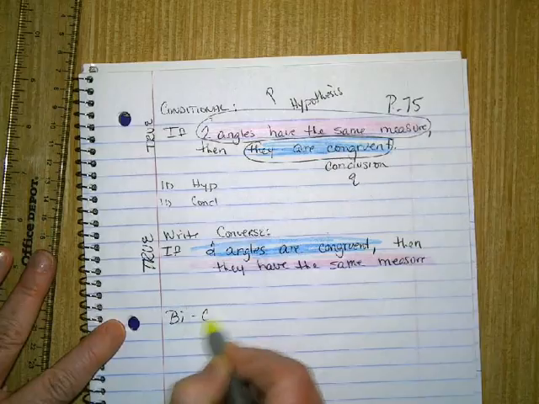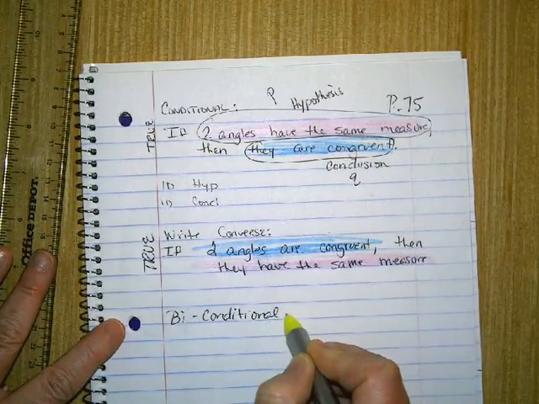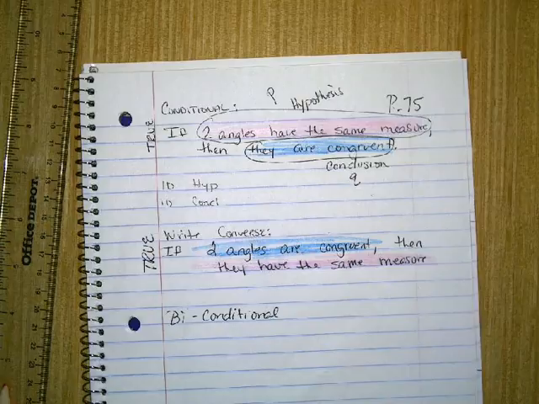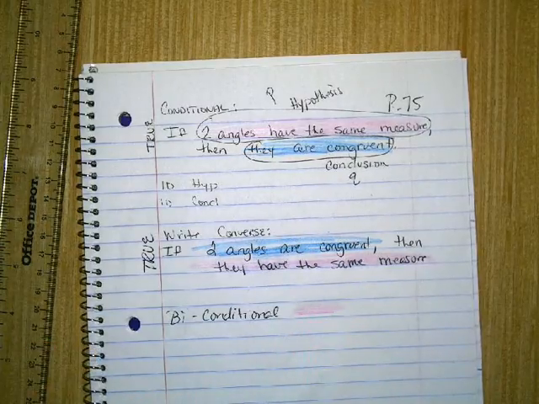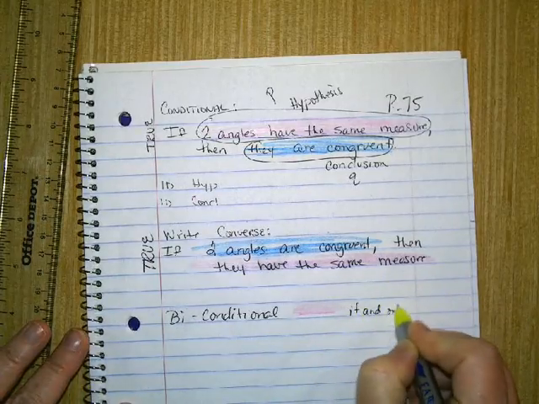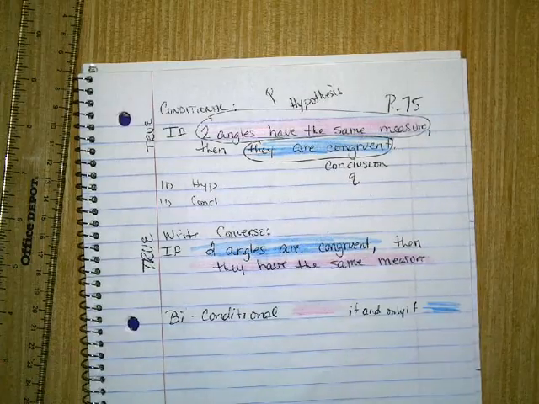The biconditional will say, and here's what you do. You write the pink part, and then you put if and only if, the blue part. The pink part, the blue part. That's how you form a biconditional.